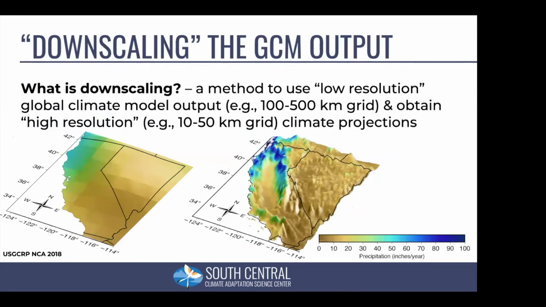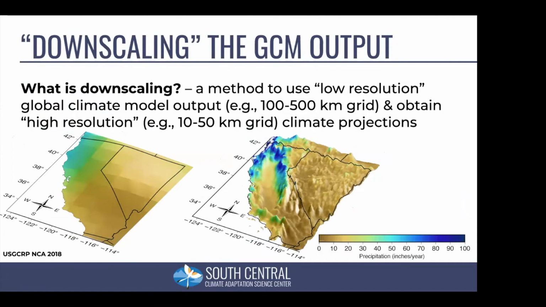Now that we have output from the global climate models on a large scale, we want to make sure that the output is more meaningful to you as a local decision maker. So to do so, we downscale the GCM output to a higher resolution grid.